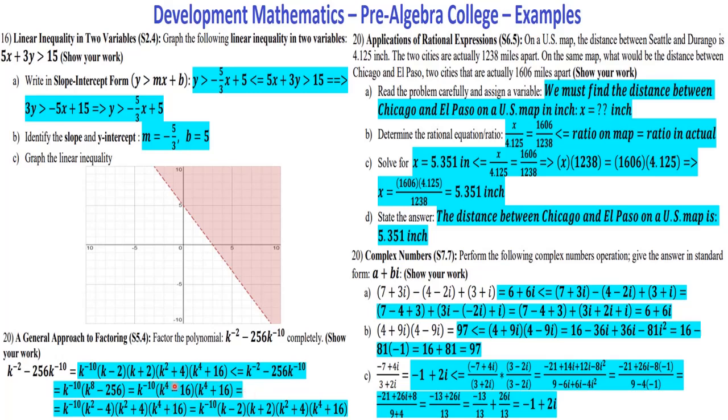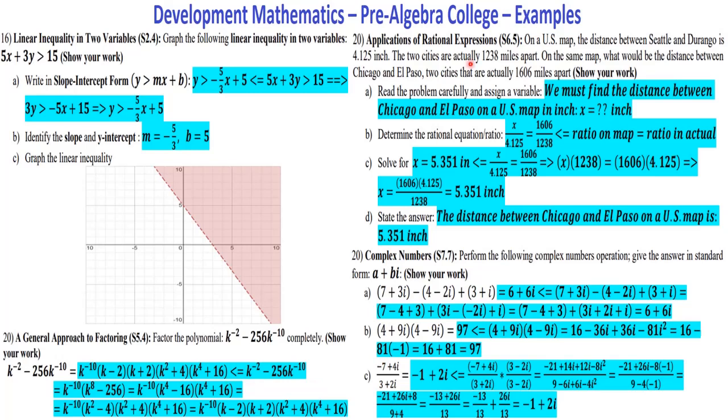Then k to the 4 minus 16 can be factored as k squared minus 4 times k squared plus 4. Then k squared minus 4 can be factored as k minus 2 times k plus 2. You will end up with k to the minus 10 times k minus 2, k plus 2, k squared plus 4, k to the 4 plus 16.